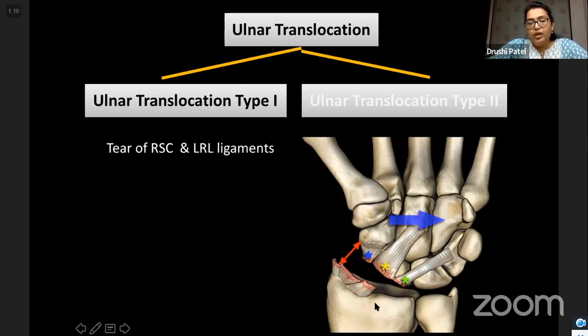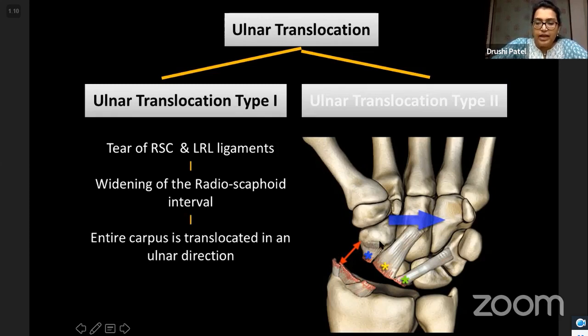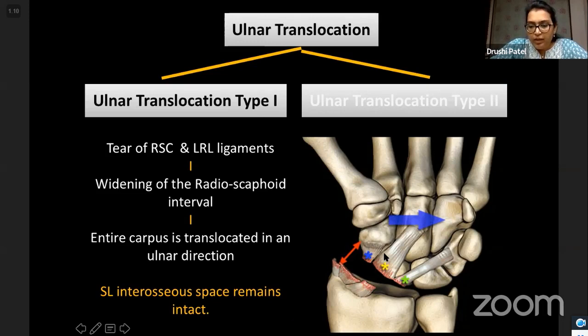So when the radioscaphocapitate or the long radiolunate ligaments get torn, there will be widening of this space that will result in this entire carpus moving towards the ulna. And this is known as ulnar translocation type 1. Here you can note that the scapholunate interval is maintained. There is no ligamentous injury at this level.